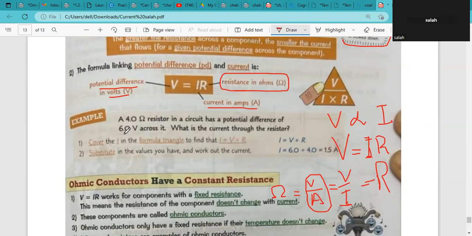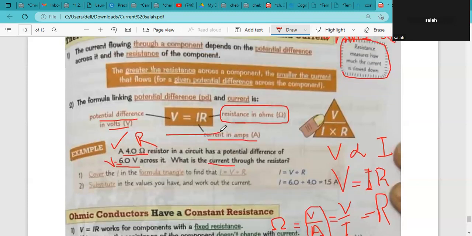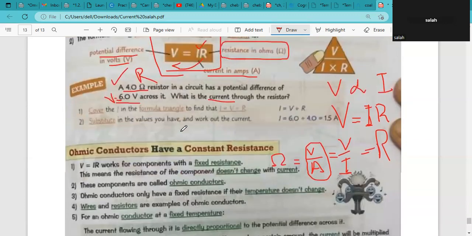So we have an example. A 4 ohm resistor in a circuit has a potential difference of 6 volts. This is the resistance, which means R, and voltage is represented by V. What is the current? They are asking for current. From this formula, if you need to find the current, the R multiplying here will go to the left side and divide it.